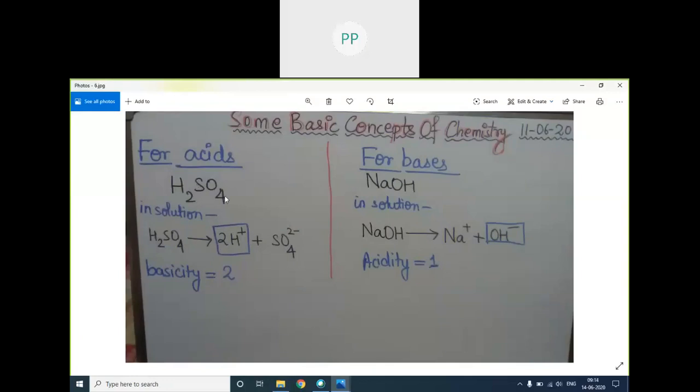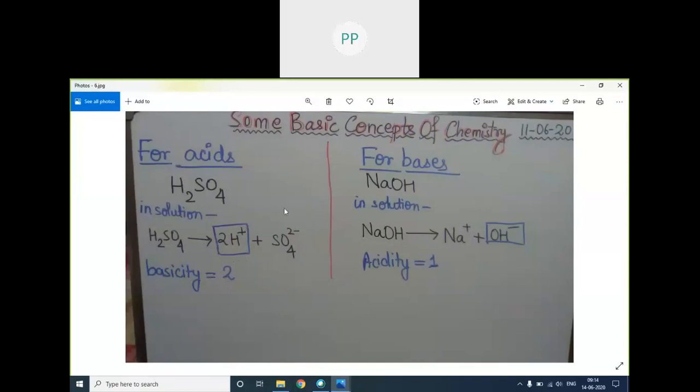When we take H2SO4 in water, it gets dissociated into ions, a positive ion and a negative ion. H2SO4 in solution will give two types of ions: H plus ions and SO4 2 minus ion, the sulfate ion.